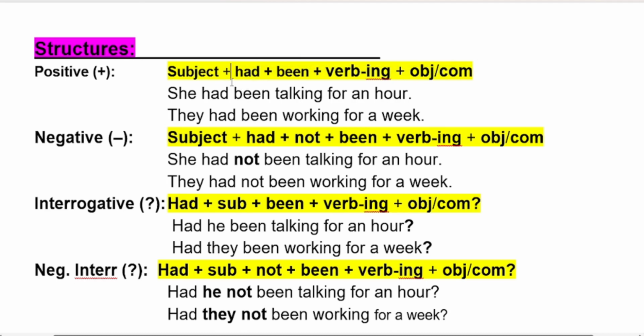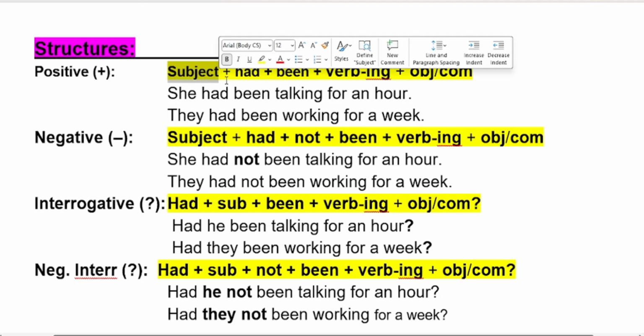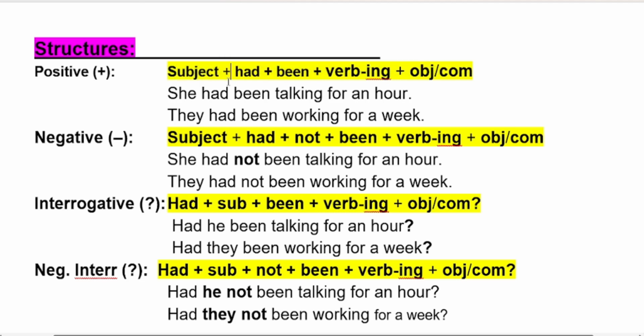It doesn't matter. We use it, right? So subject ما هر میتونه ضمیر باشه، میتونه اسم باشه. درست است؟ For example, she had been talking for an hour, right? Had been. They had been working for a week. So it was the positive structure, formally مثبت.